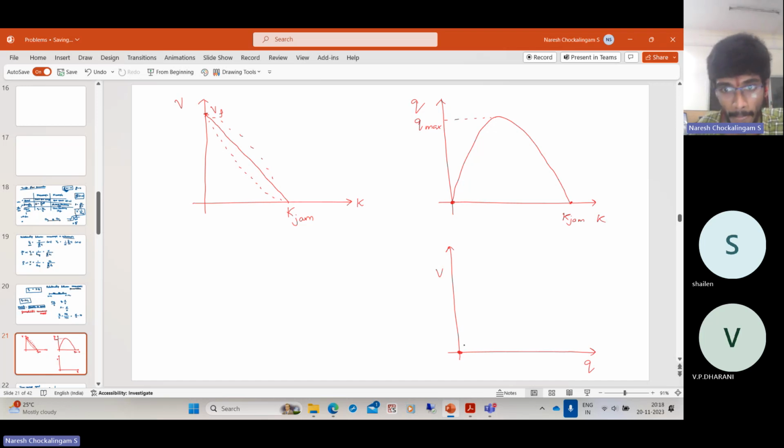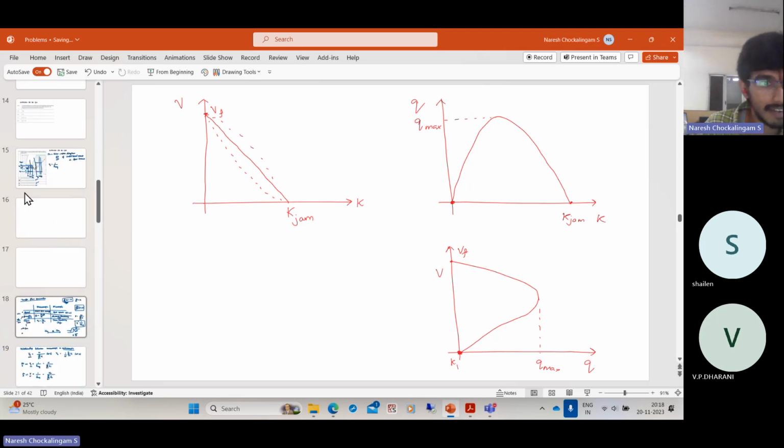So it is 0. And at free flow speed, which is achieved only when the density is 0, there are no vehicles, or very few vehicles, so the flow rate is 0. And this achieves a maximum somewhere here. So this is the v free flow. This is the jam density. And somewhere in between we have q max.